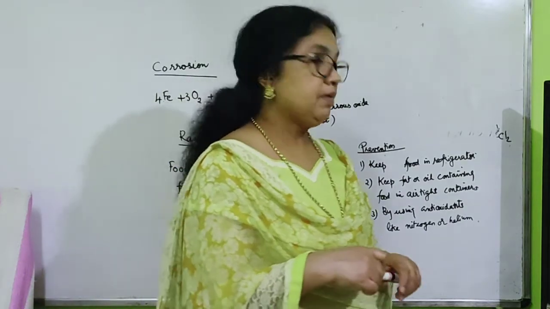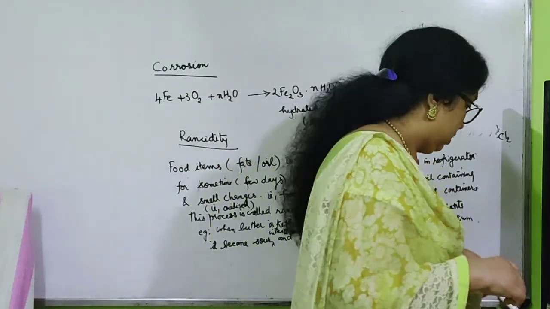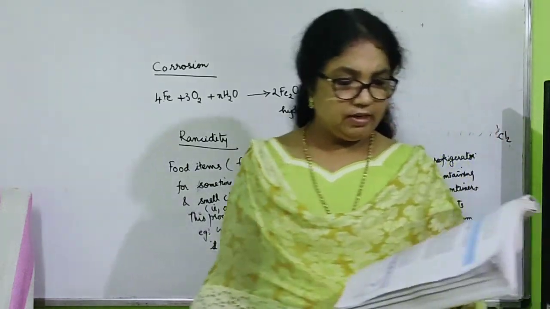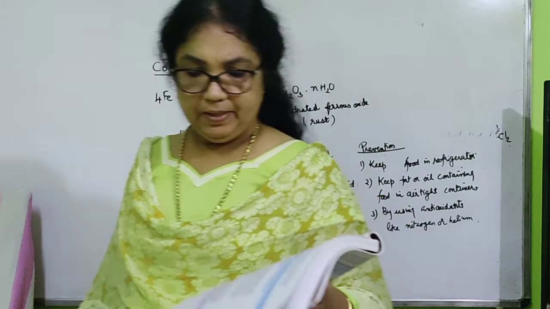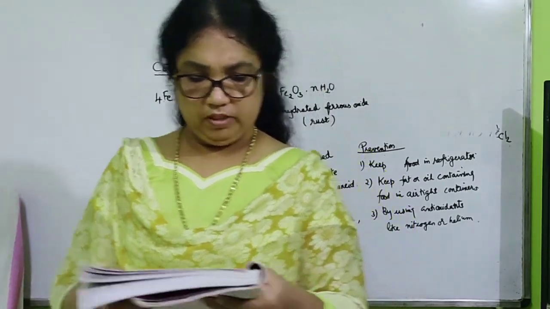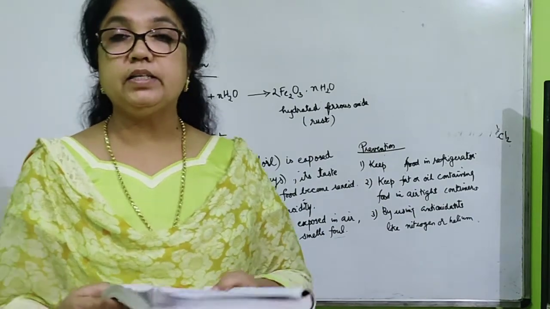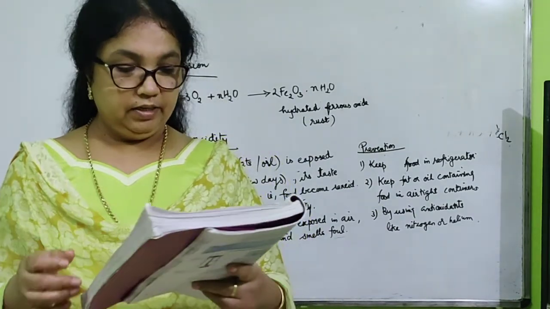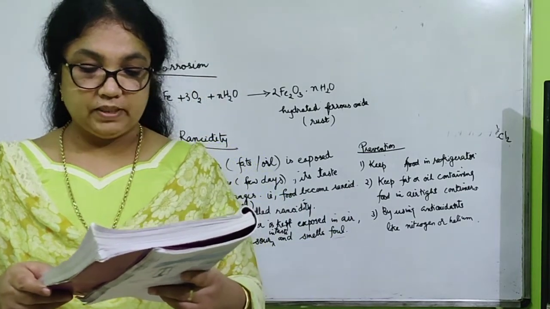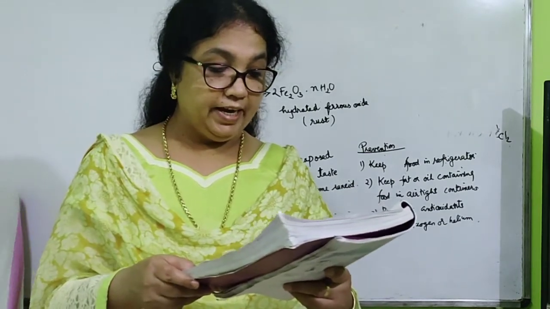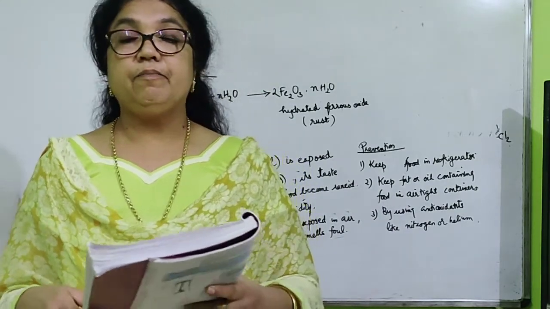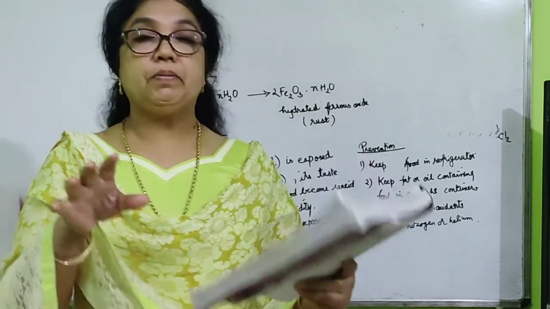So the portions of the first chapter are finished, and now some exercise questions are solved. On page number 13, there were 3 questions. Mostly I explained these while making these videos. The first question is, why does the color of copper sulfate solution change when an iron nail is dipped in it?